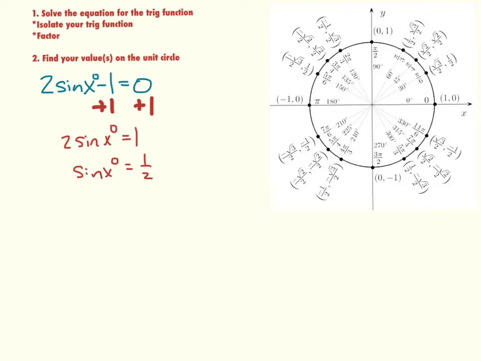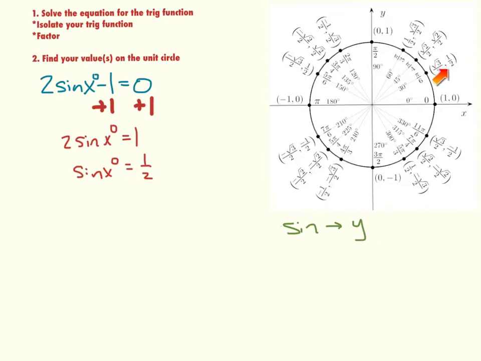So now we see that sine of x in degrees equals 1/2. I need to look at any time on the unit circle that, if I took the sine of some degree, I would get 1/2. We have to remember that the sine is the y value. So I'm going around the unit circle.